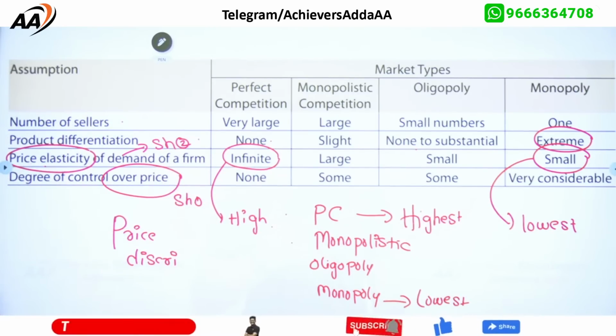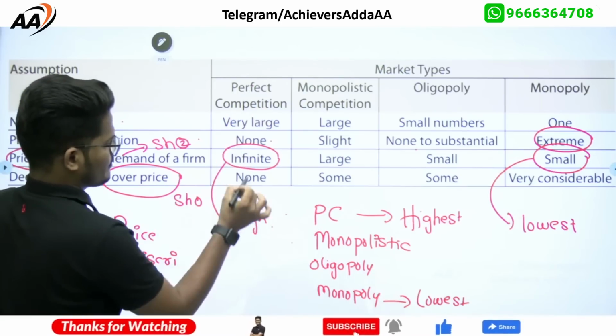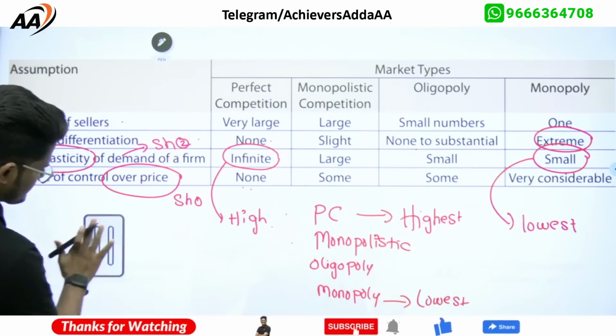Degree of control over the price. Price control wise, perfect competition is low.